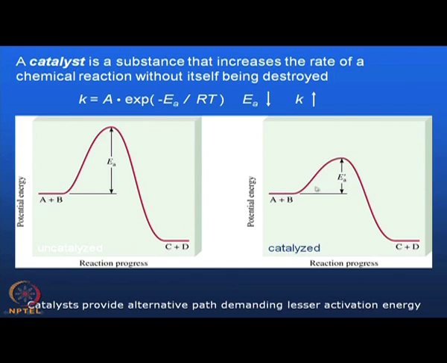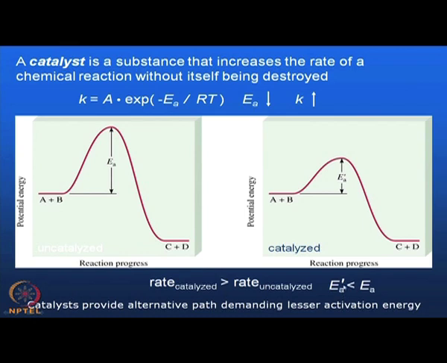This is a path, and this is also a path from A plus B to C plus D, but it is an alternative path because it demands less activation energy, Ea prime, where Ea prime is less than Ea. So, the rate of a catalyzed reaction will be more than that of the same reaction under uncatalyzed conditions.